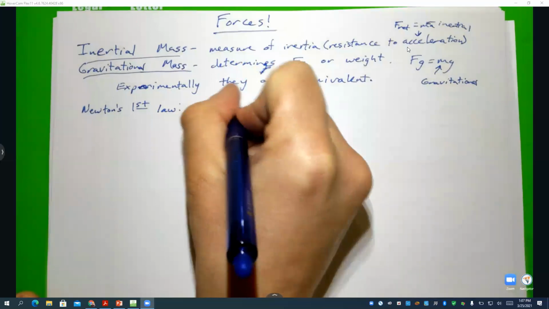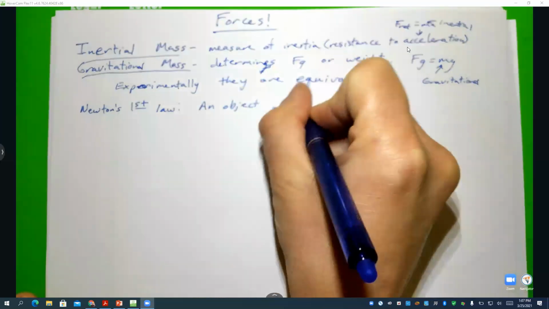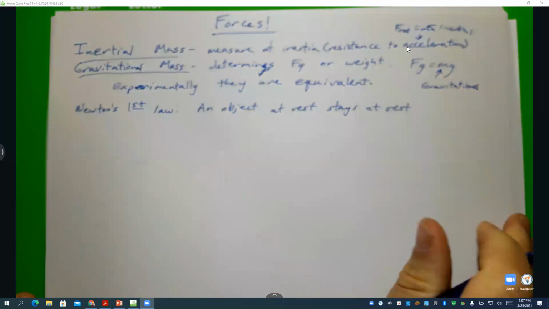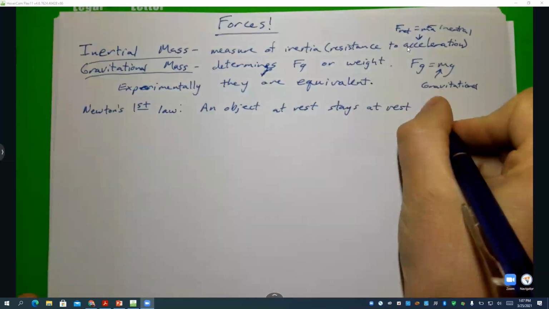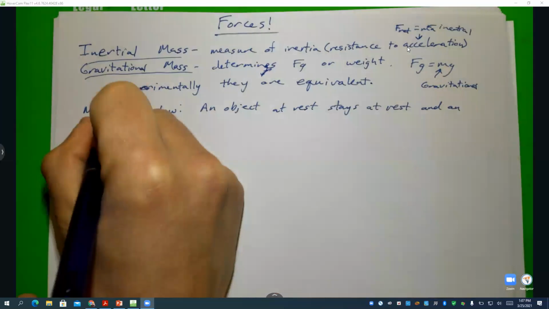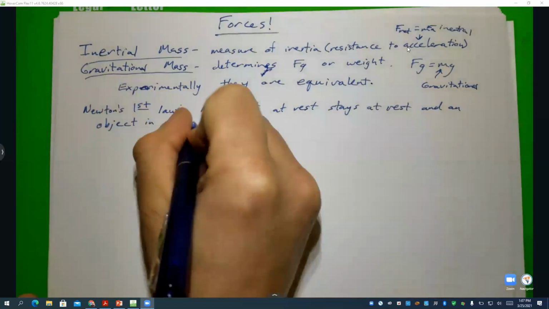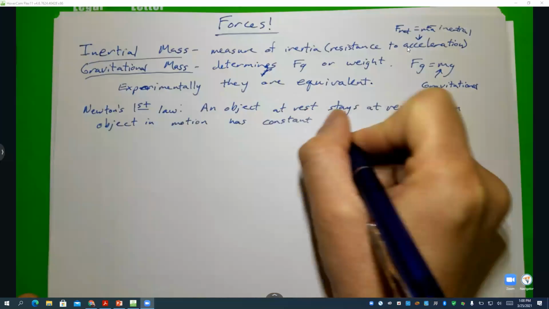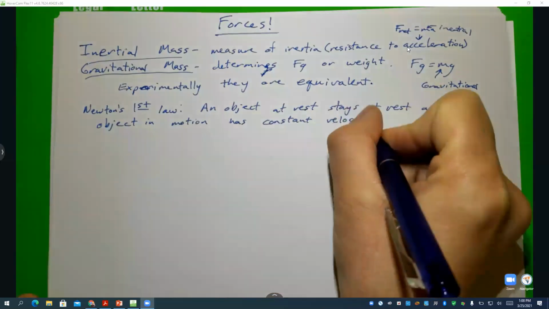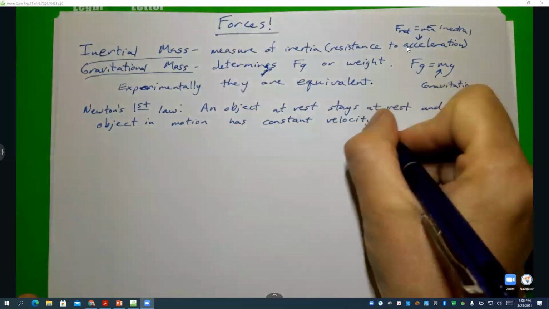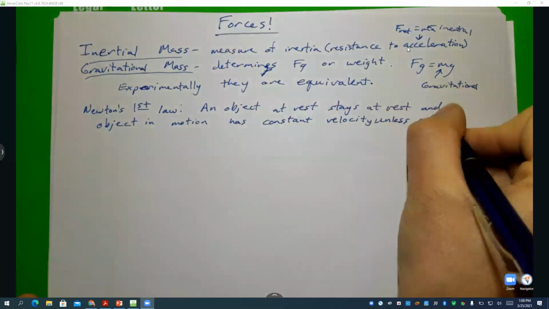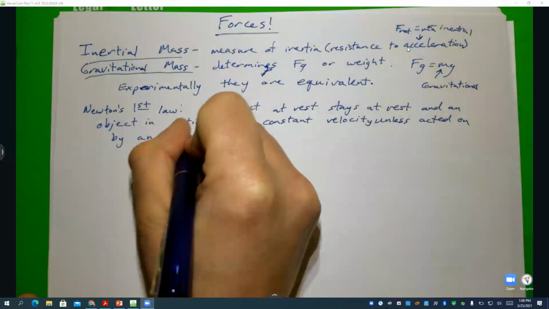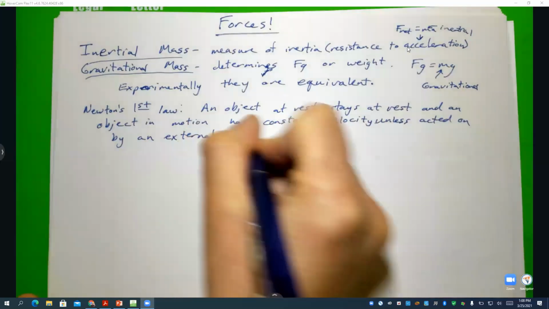An object at rest stays at rest, and rewriting slightly, an object in motion has constant velocity unless acted on by an external net force.